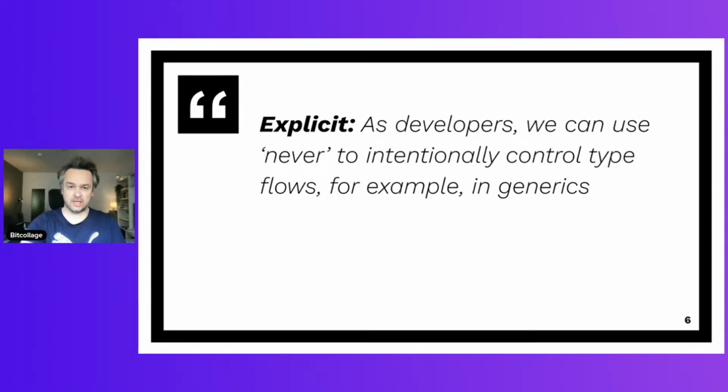Then we have the explicit behavior, which means that we as developers explicitly write never, like in generics, when we want to have some control flow in our types. For example, is a value or a type what we pass fulfilled what we expect, then it should do nothing, otherwise it can land in never.